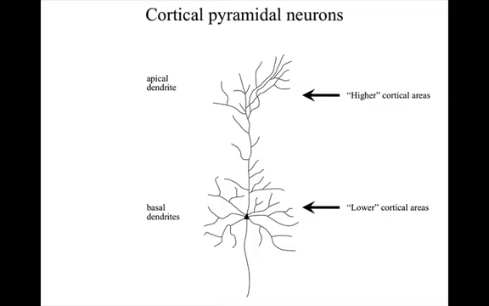Within one area, pyramidal neurons tend to receive inputs from lower cortical areas on their basal dendrites, and inputs from higher cortical areas arrive on their apical dendrites. So within that area, inputs derived more directly from the senses arrive on the basal dendrites, but if outputs from the area go to a higher area, the reciprocal connectivity back from that area arrives on the apical dendrites.